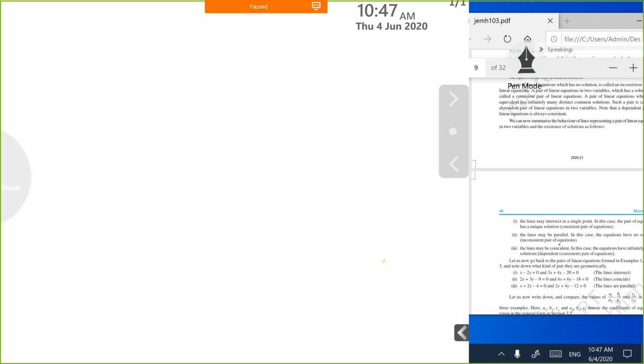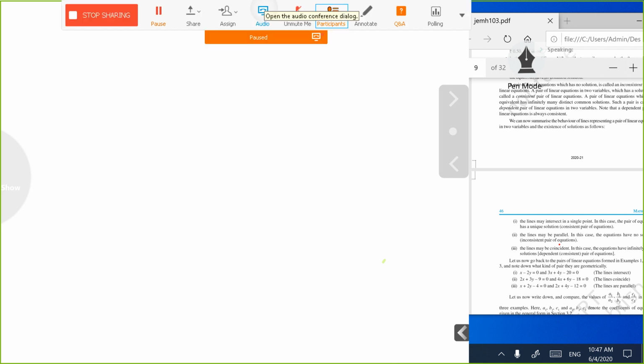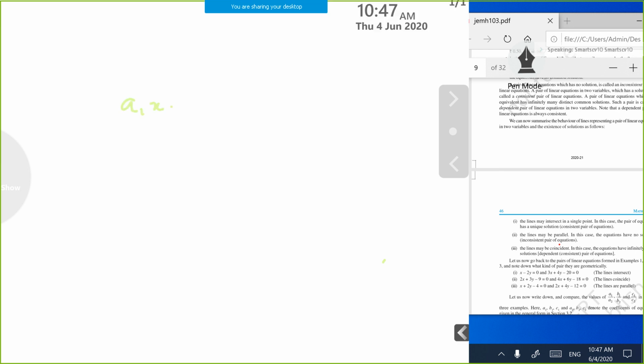We know that our linear equation is of the form a1x plus b1y plus c1 is equal to 0, a2x plus b2y plus c2 is equal to 0.